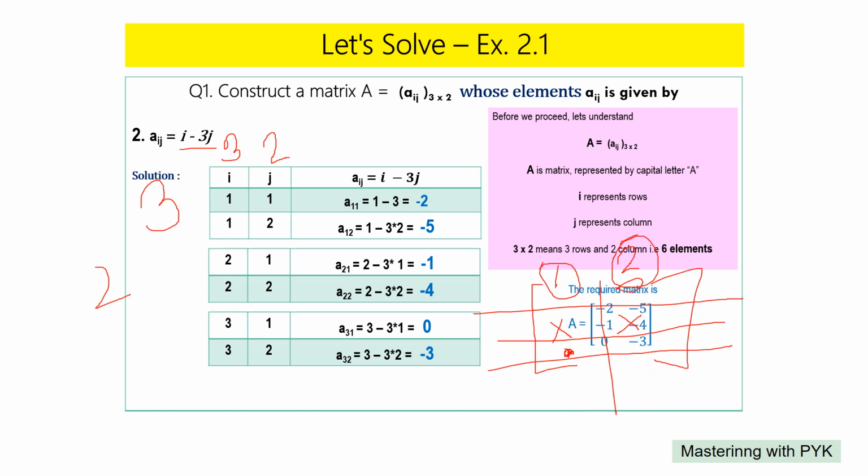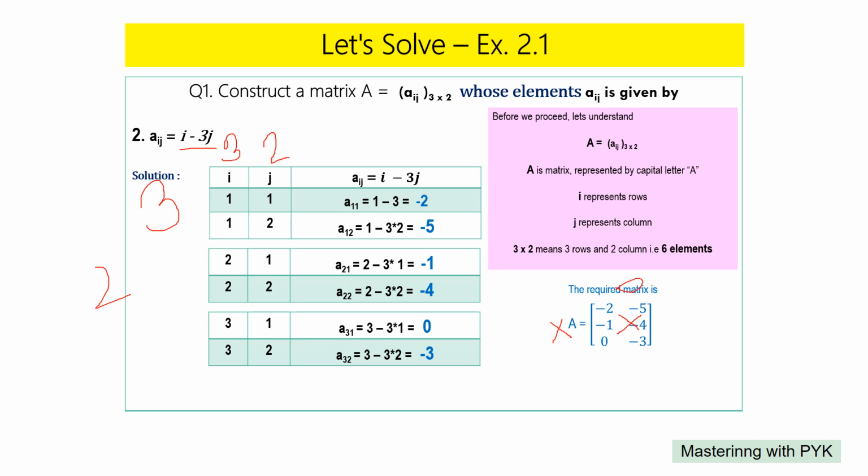So the required matrix is, putting the values in the matrix form, we had 3 rows and 2 columns.